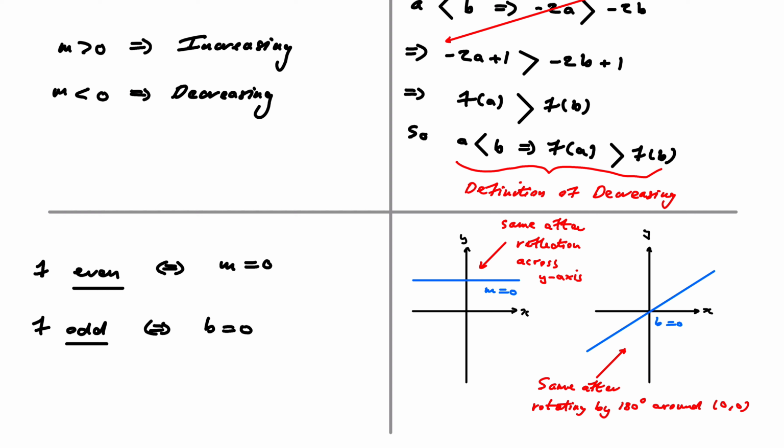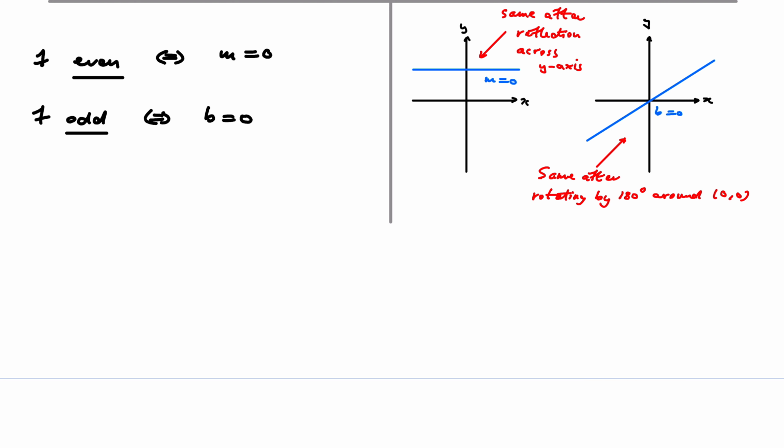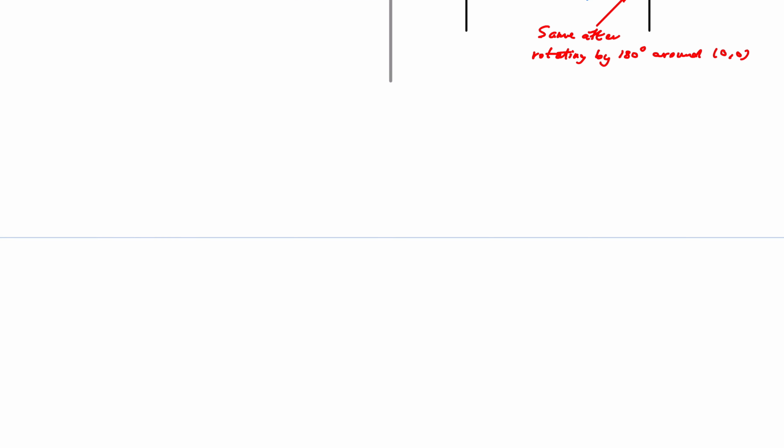So of course you could do this totally algebraically, right? I could check that f of minus x is equal to f of x for all x, if and only if it's slope 0. I could go through that, but I think it's just nicer to see it like this. Okay.